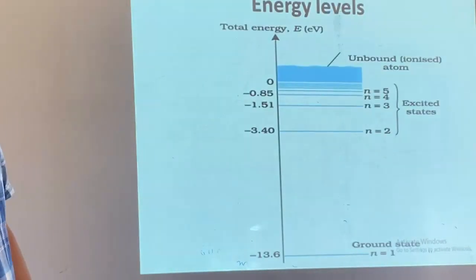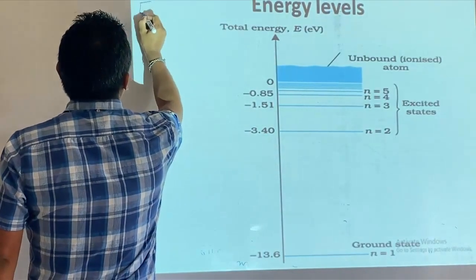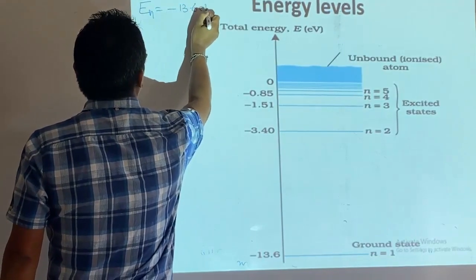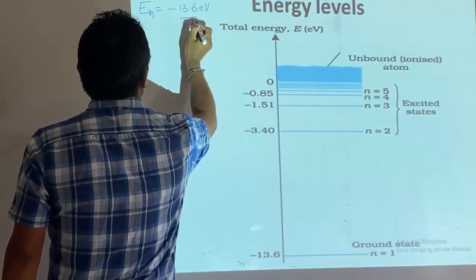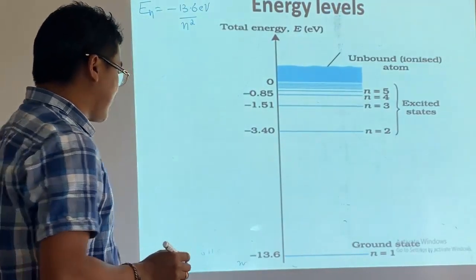So this is the energy level expression, a very important expression: minus 13.6 electron volt divided by n square. Now the first orbit is the ground state.